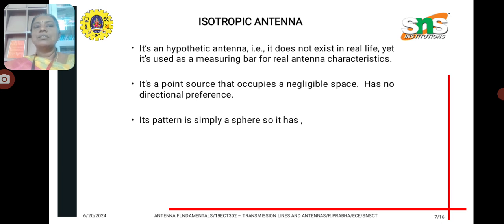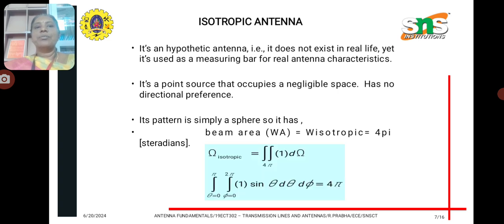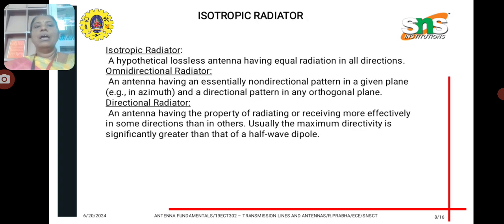Its pattern is simply a sphere, so its beam area is Omega isotropic equal to 4 pi steradians. So for the isotropic antenna, it is the double integral of 4 pi, 1 d Omega. Here the isotropic radiator is defined as a hypothetical lossless antenna having equal radiation in all directions.